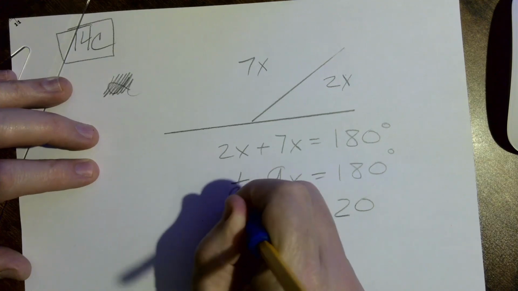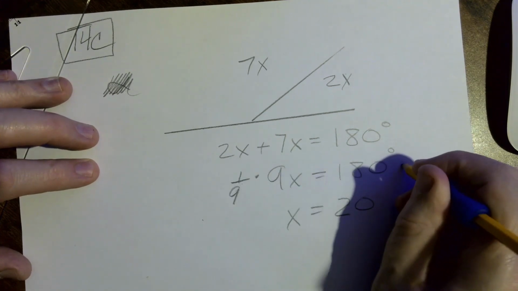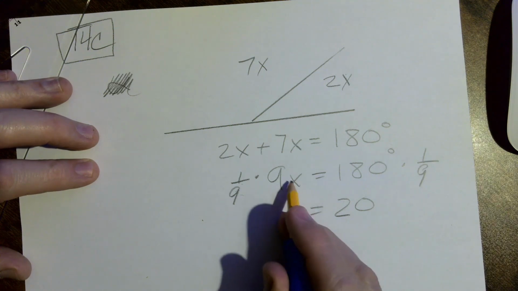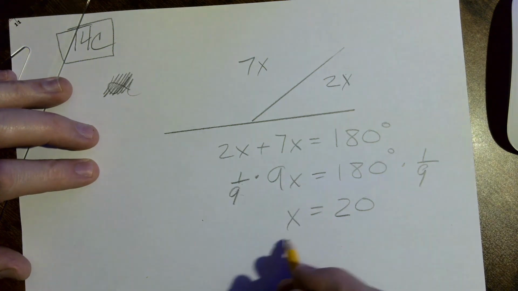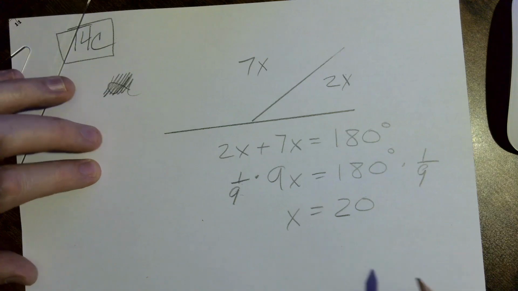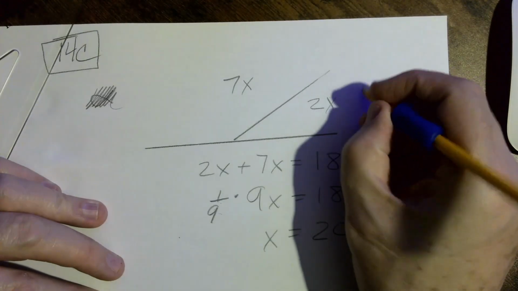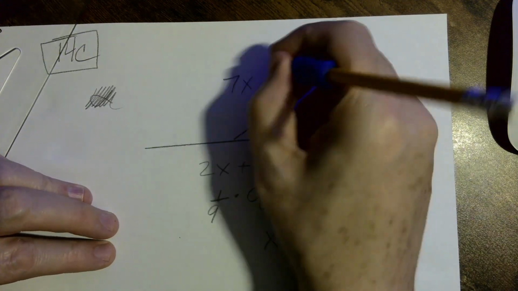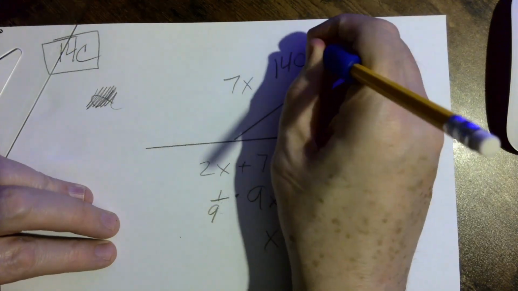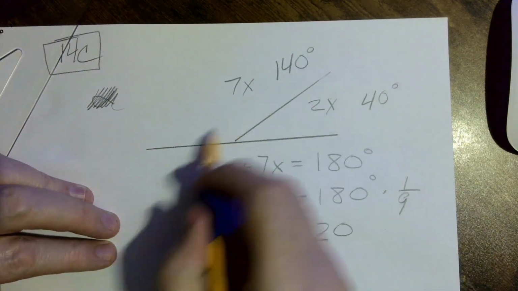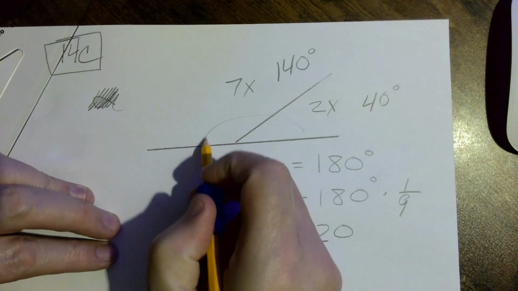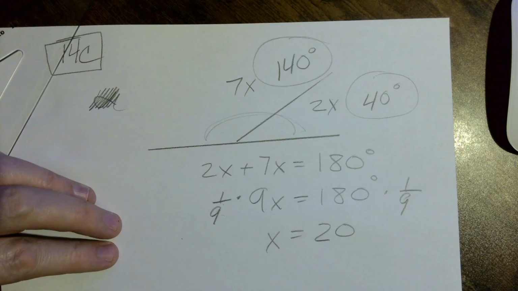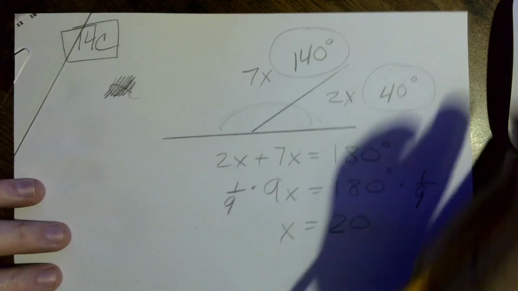So multiplied both sides by the reciprocal. So that turns this into 1 times x, which is just x. I get 20 there. So this angle here, 40 degrees. This angle, 140 degrees. And that checks out because it's a linear pair. They're supplementary. They should add to 180, and they do. That is 14C.